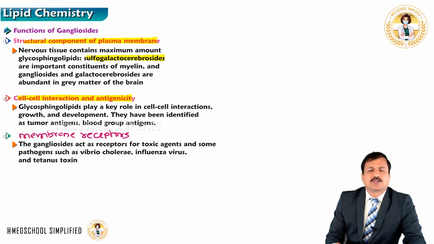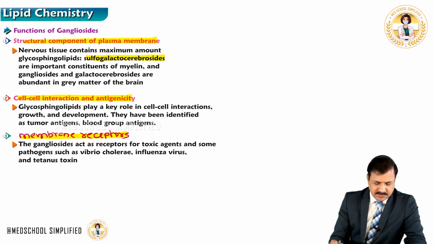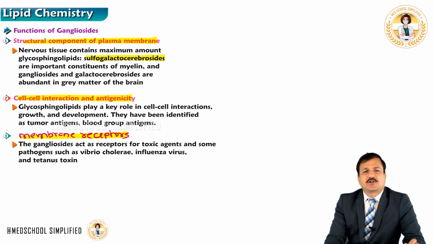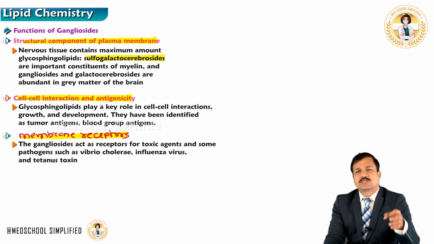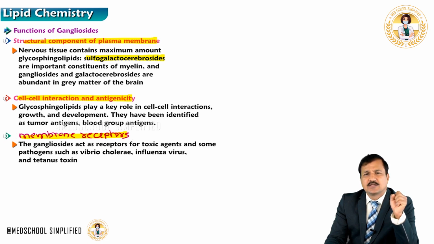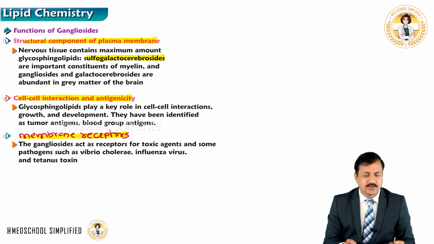Now the other function of gangliosides is that they can act as membrane receptors. The gangliosides act as receptors for toxic agents and some pathogens like Vibrio cholerae, influenza virus, and tetanus toxin. There will be changes in the glycosphingolipid composition of the membrane in various malignant disorders also. So these are some of the functions of gangliosides.